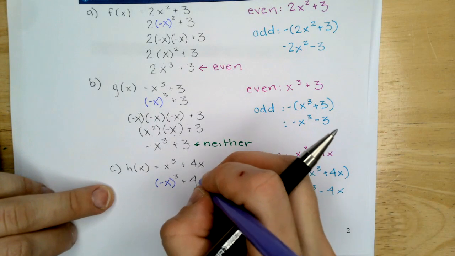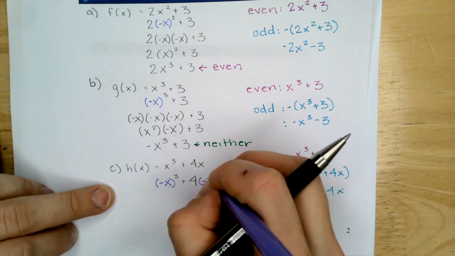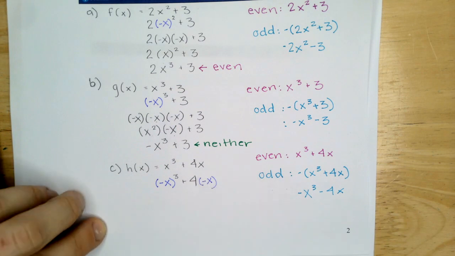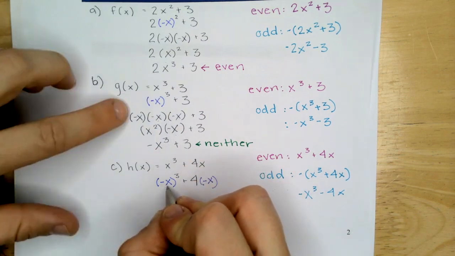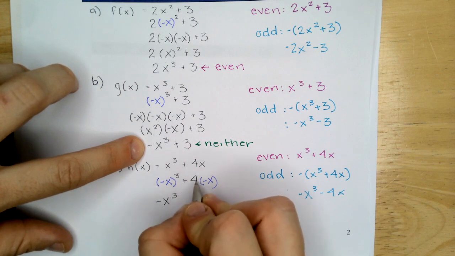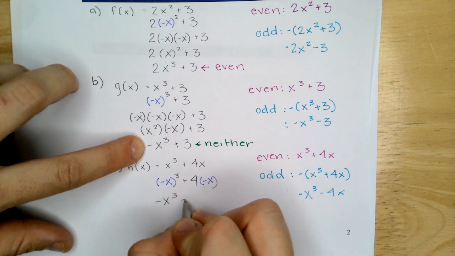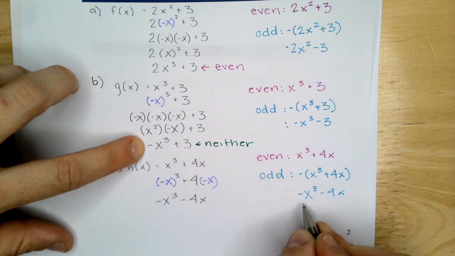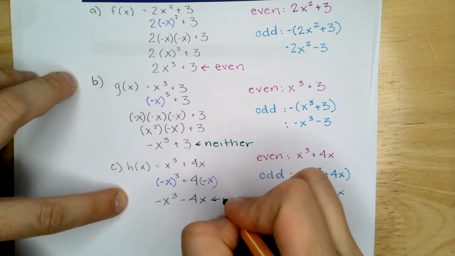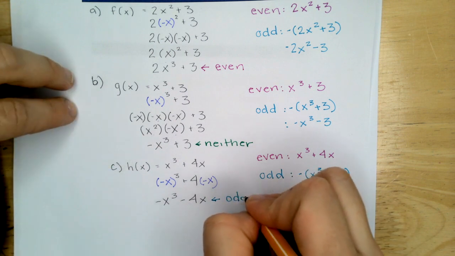So now this might be odd, because instead of keeping the 4 positive, now the 4 is going to become negative because that x became negative. So negative x to the third we know comes out to be negative x to the third. And then a 4 times a negative x is a minus 4x. And so that is odd. We have an even, a neither, and an odd.